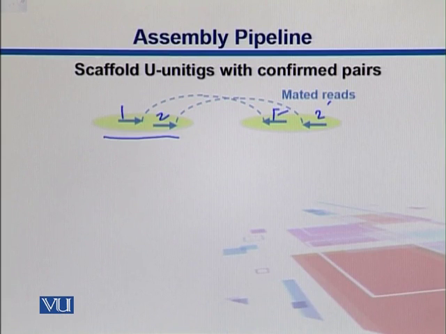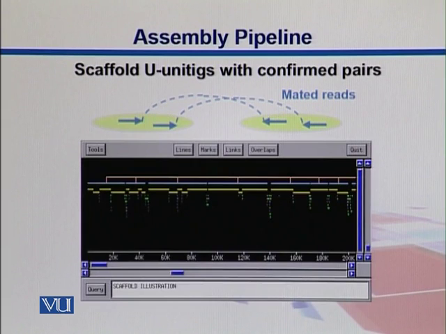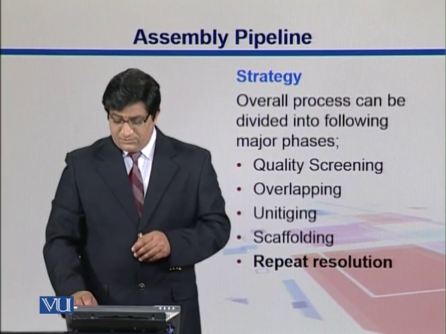When they align with these different contigs, which are unique unitigs, we can look into the distance between them, and we can hypothesize that these two fragments can be placed together. But we need to confirm whether the distance is appropriate or not. Here is the diagram of the software illustrating the scaffolds.